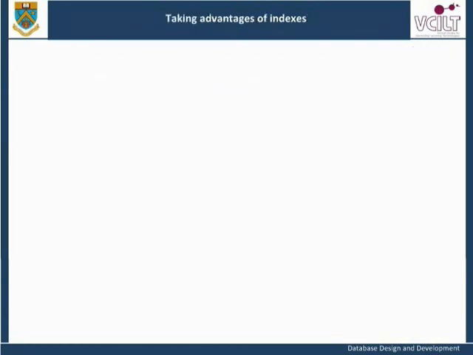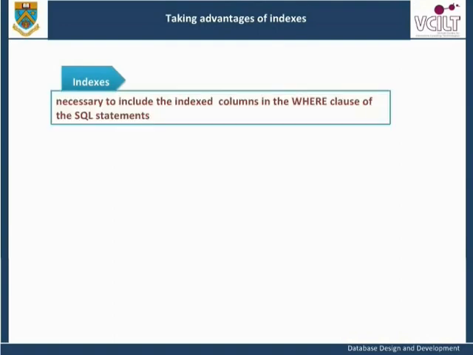Taking advantage of indexes. Once indexes have been created, it is necessary to include the indexed column or columns in the where clause of the SQL statements. When the indexed column or columns are referenced in the where clause, the Oracle Query Optimizer will immediately know to use an appropriate index to perform the search rather than carry out a complete table scan to access the requested data.